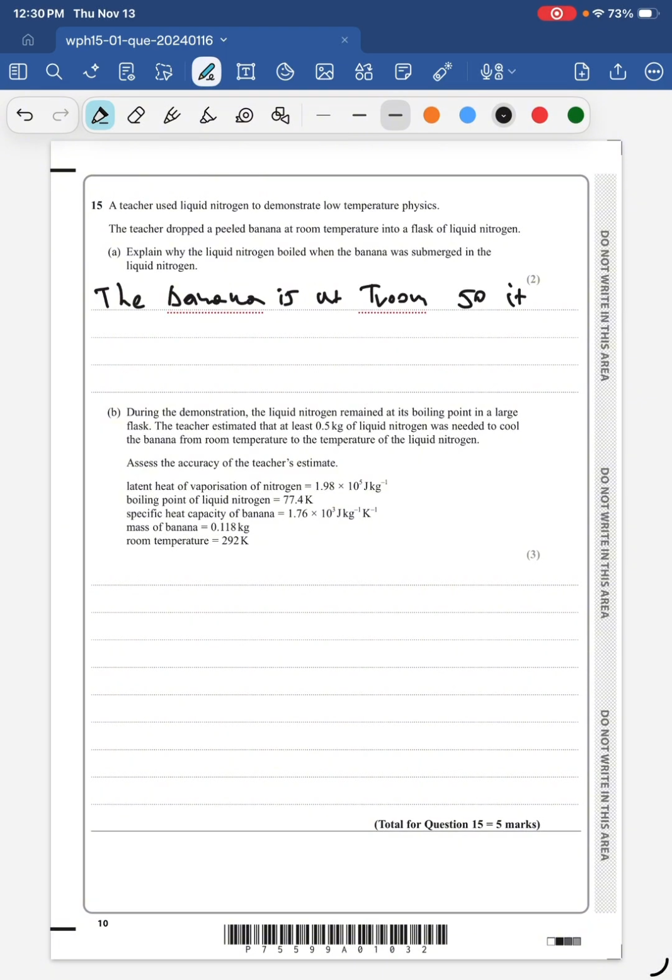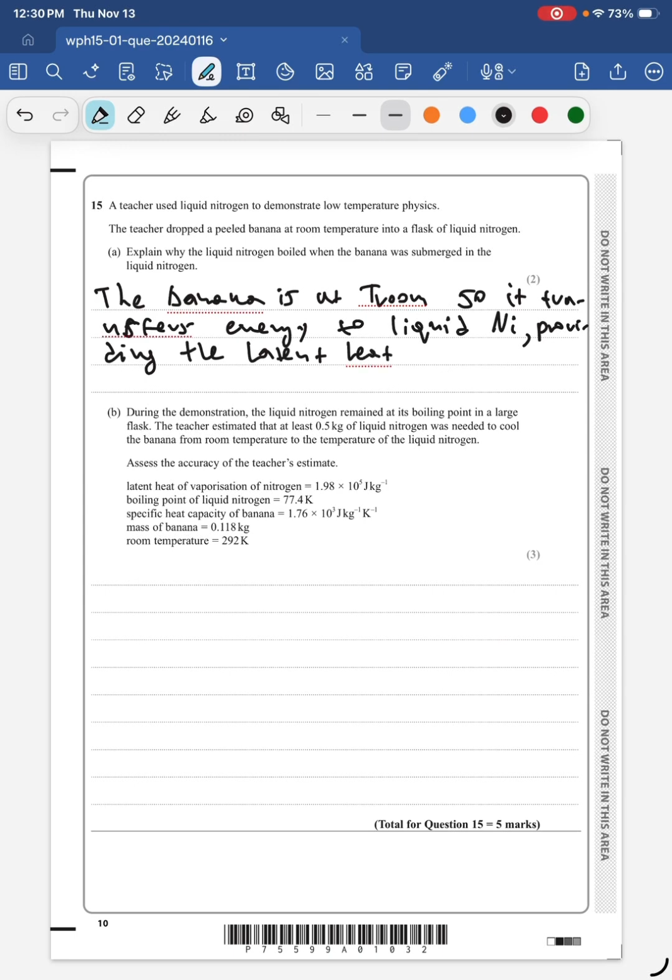So it transfers energy to the liquid nitrogen, providing the latent heat of vaporization to the liquid nitrogen.